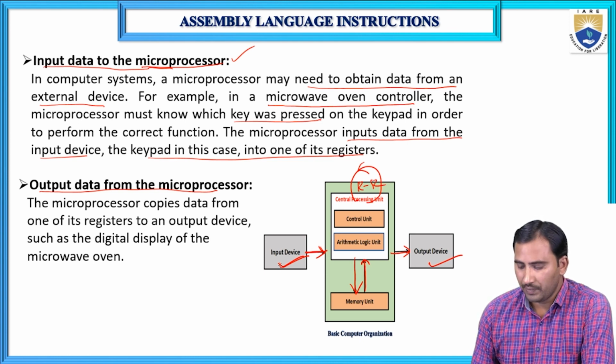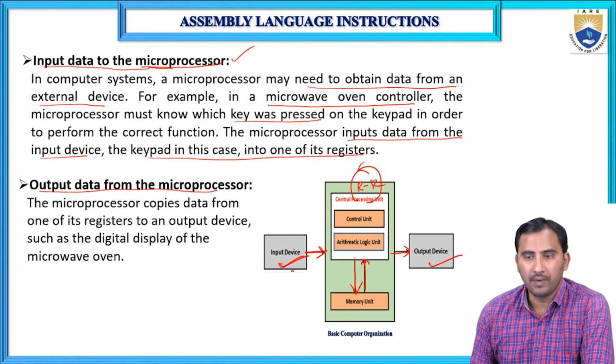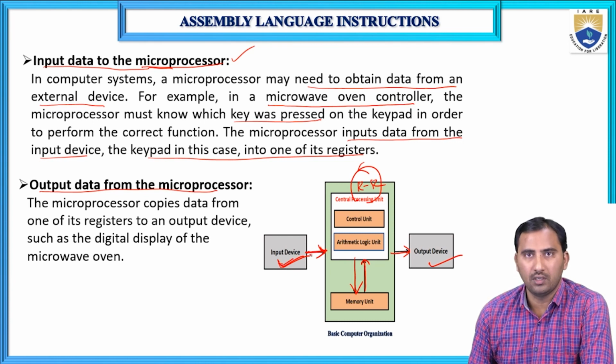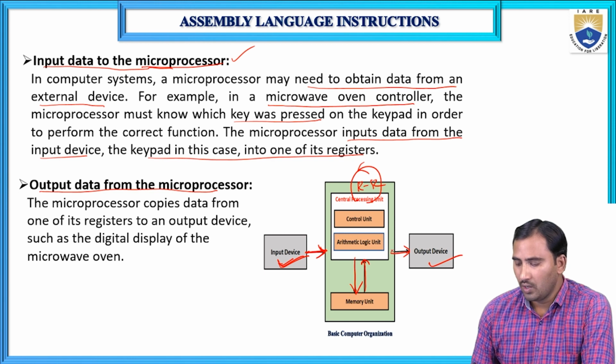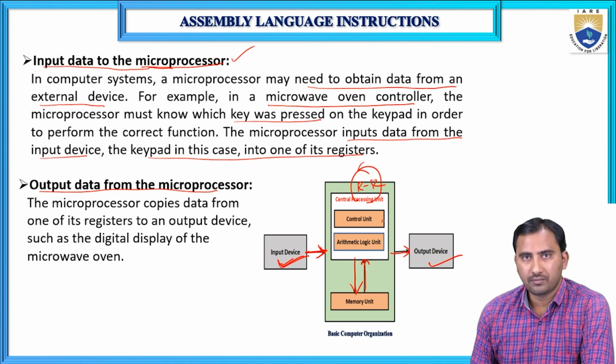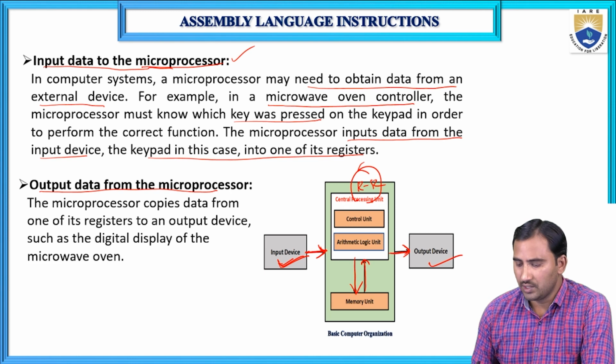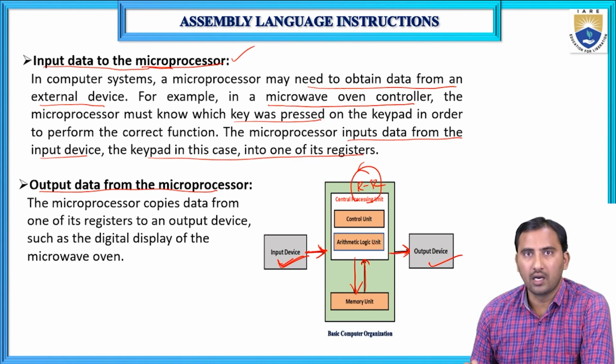The fourth one is transferring data from the input device to one of the registers of the microprocessor. And the last one is from one of the registers to the output device. These are all the different data transfers. These data transfer instructions can be used to transfer data from one place to another place.